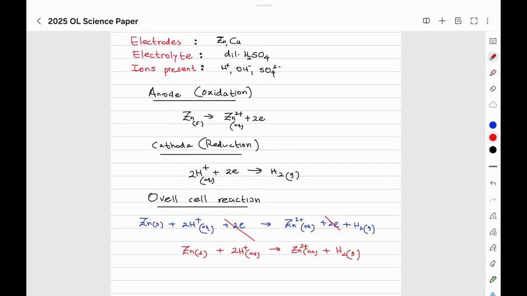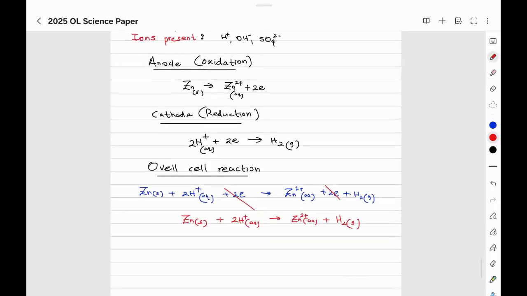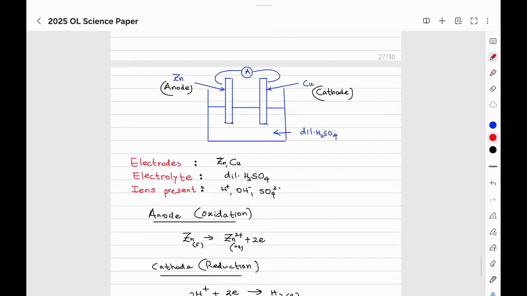Now in an electrochemical cell, we consider that, students, zinc is oxidizing and releasing 2 electrons. Then electrons are gathered around the zinc in this way. Therefore, we consider zinc is negatively charged. Then these electrons start to flow towards the copper.